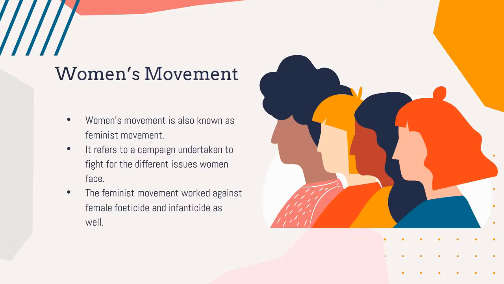It also looks at issues regarding female feticide, infanticide, etc. Feminism in parts of the Western world has gone through different waves or periods. So in India also we had a feminist or women's movement that took place.